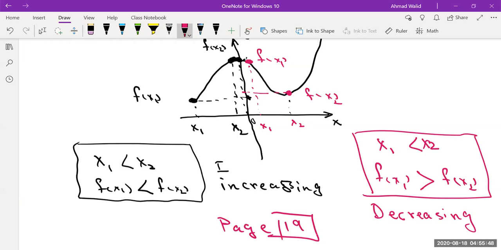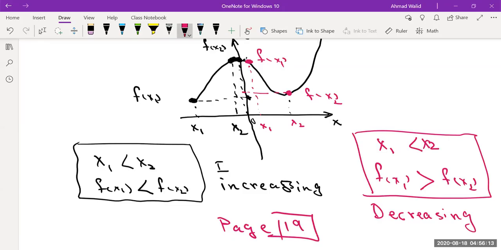I will stop my lecture here. In the next video, I'll explain 1.2 for you, where our focus is mainly on the types of functions. We introduce at least a few types of functions, and that will be a short lecture.